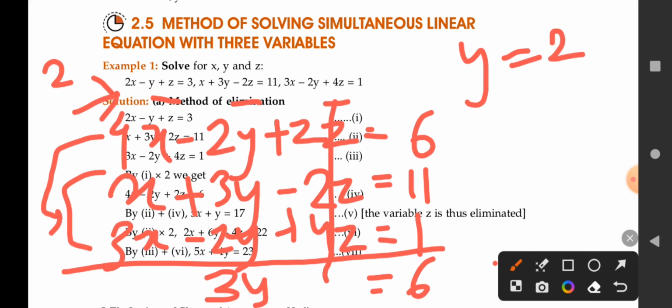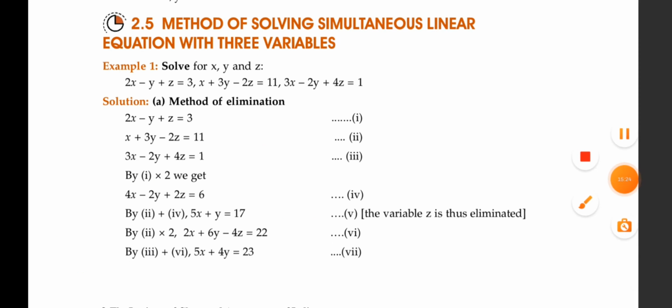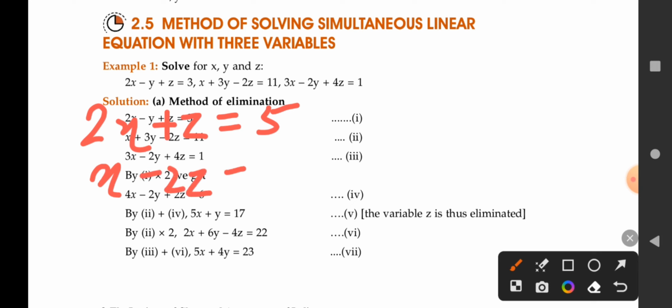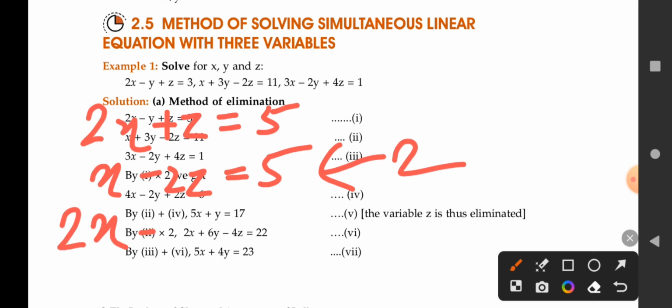Okay, now let's substitute in two equations. y is 2 now. So you have 2x plus z is equal to 5, and x minus 2z is equal to 11 minus 6, that is again 5. So multiply this with 2. So 2x minus 4z is equal to 10.